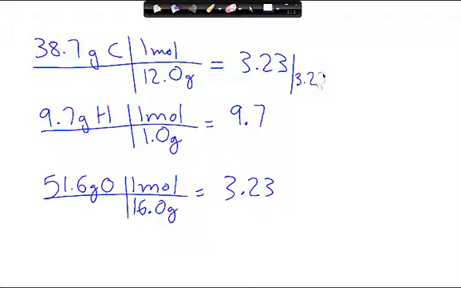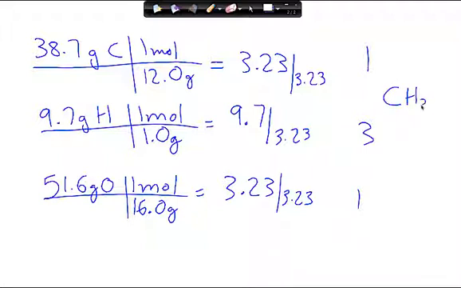So divide by 3.23, divide by 3.23, divide by 3.23, and we get 1, and we get 3, and we get 1. And so then we've got CH3O. Now we understand that ethylene glycol is not a carbohydrate, because if it was a carbohydrate, this would be CH2O. That's where carbohydrate comes from, but it's awfully close.